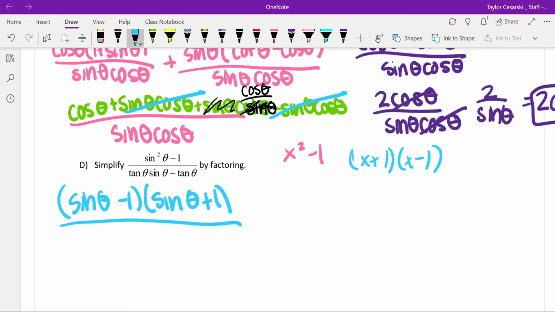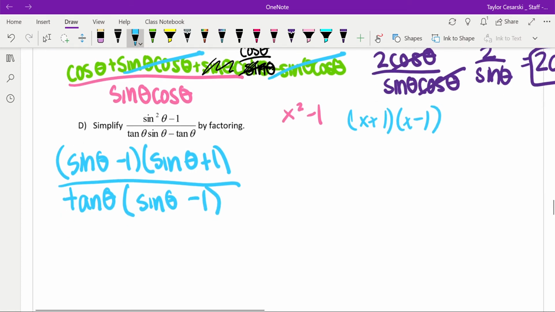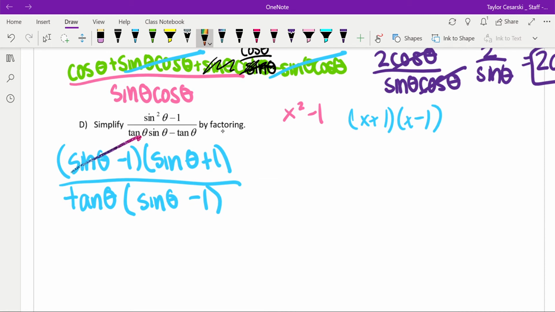I see in both of those terms tangent of theta and then sine of theta minus 1. Then on the top and the bottom, I can cross that out, and I'm left with sine of theta plus 1 over tangent of theta.